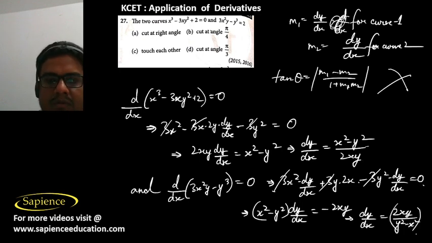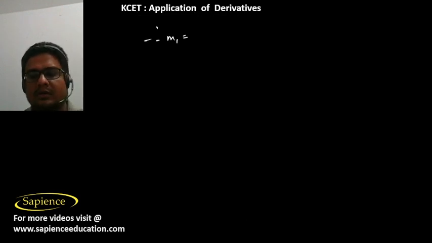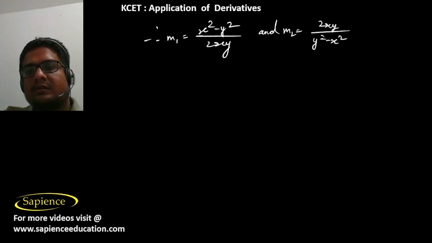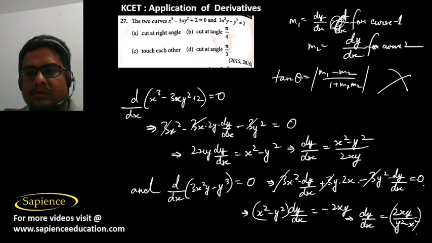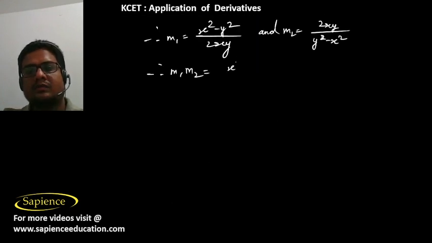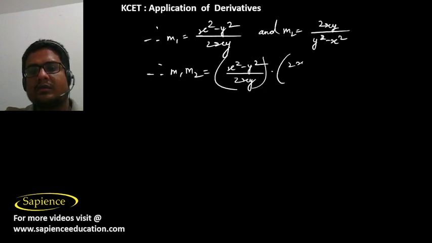Now therefore m1 is this. Therefore m1 is equal to x square minus y square by 2xy, and m2 is 2xy by y square minus x square. Therefore m1 into m2 is x square minus y square by 2xy into 2xy by y square minus x square, that cancels, so that is equal to minus 1.